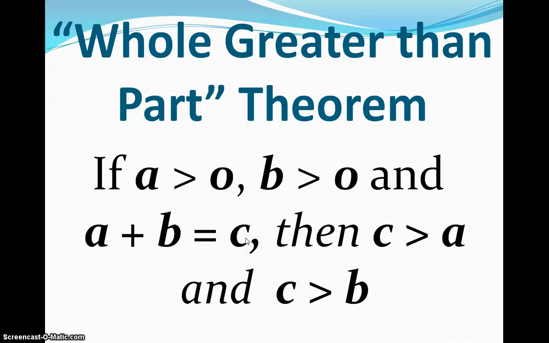Because we're adding together positive numbers, the total is greater than the two parts that make it up. So the whole, which is C, is greater than either of the parts. We'll talk about that more in class later on, but just make sure you get that down as you go through. But try to think about it a little bit.